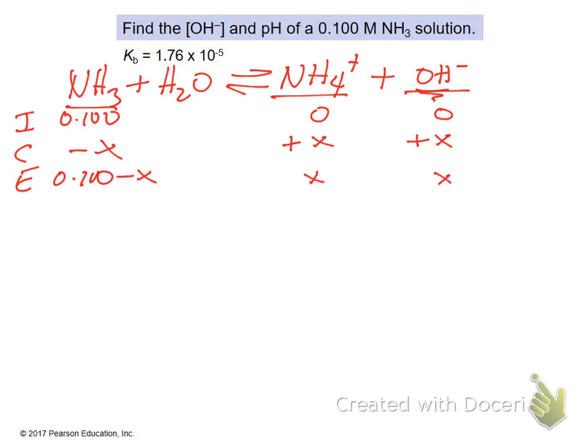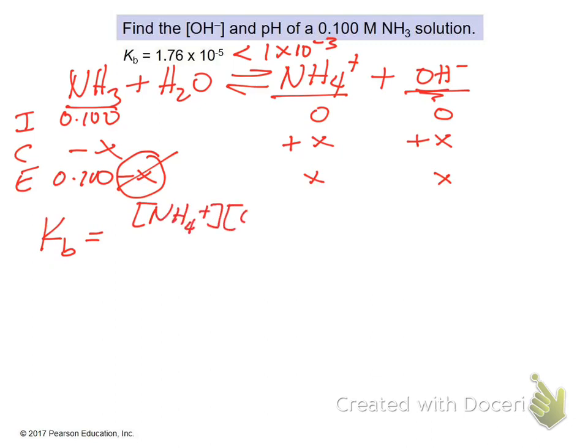Okay, again, because the Kb value is less than 1 times 10 to the negative 3, we can drop this x, right? We're going to use the approximation method. And so your Kb expression is equivalent to the concentration of NH4 plus times the concentration of hydroxide ion divided by the concentration of NH3. And that's equivalent to 1.76 times 10 to the negative 5.